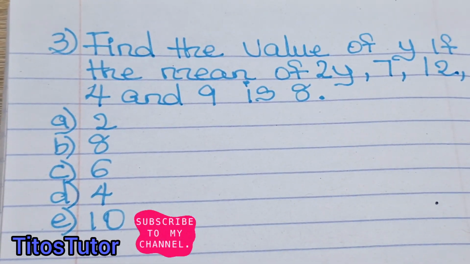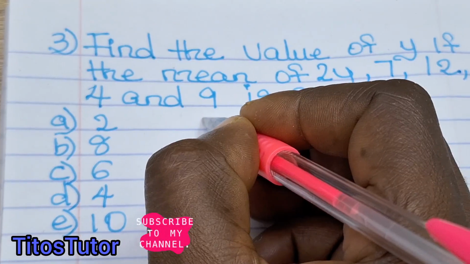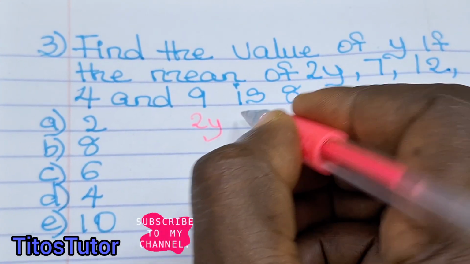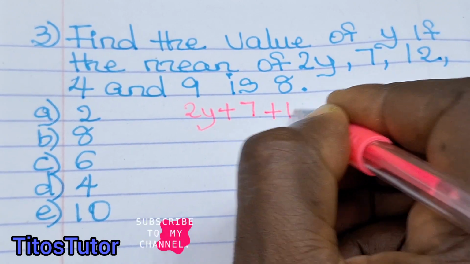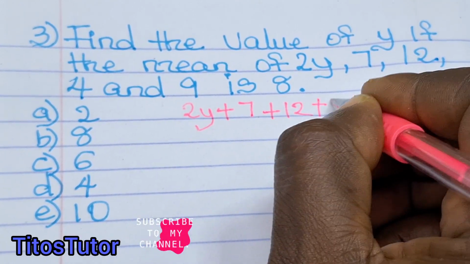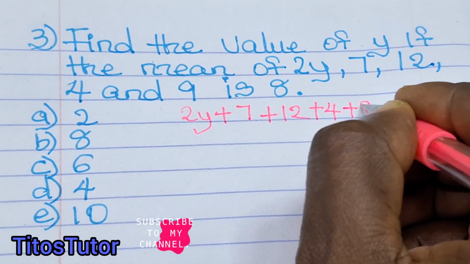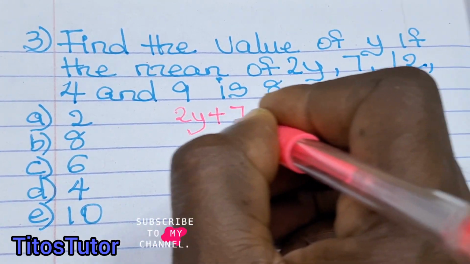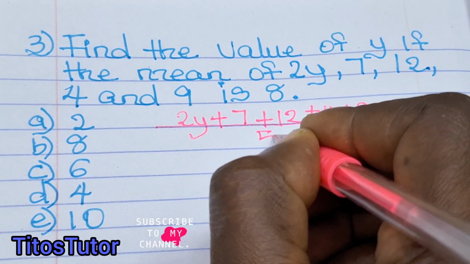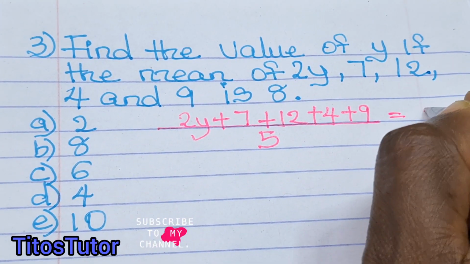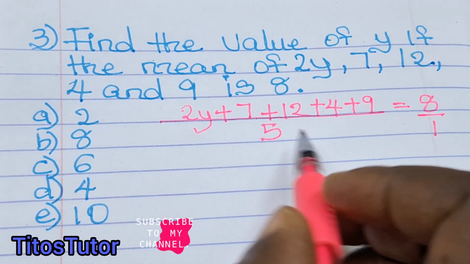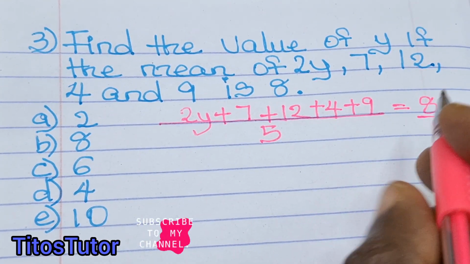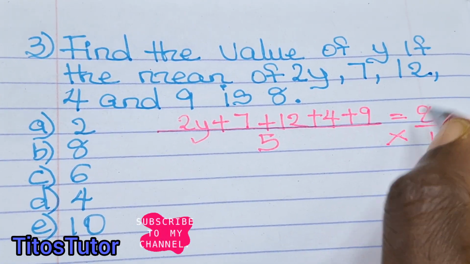So let's do that, guys. It's 2y plus 7 plus 12 plus 4 plus 9, all over 5 numbers, is equal to 8. I'm going to make this a fraction so that when 2 fractions equate each other, we cross multiply.